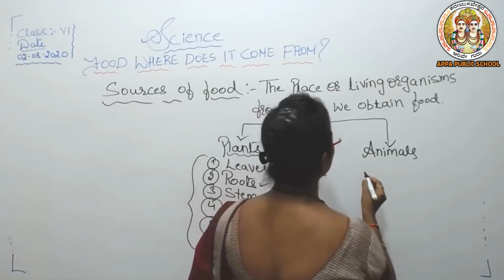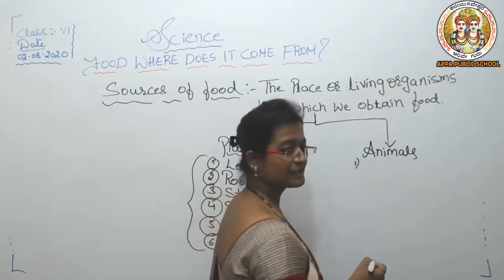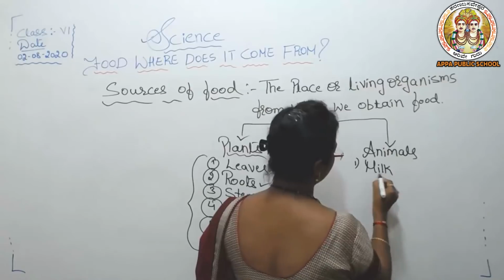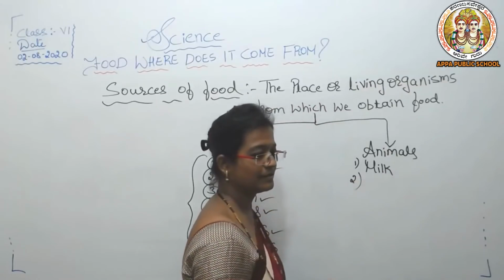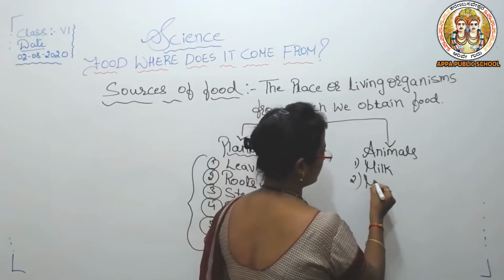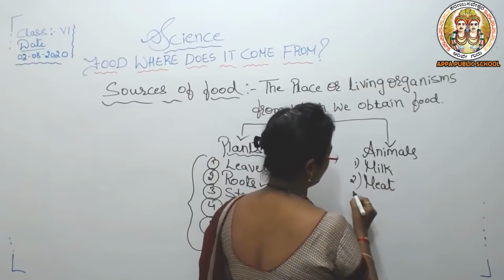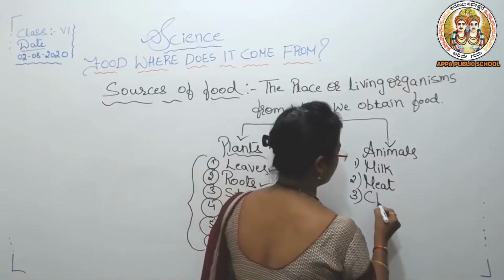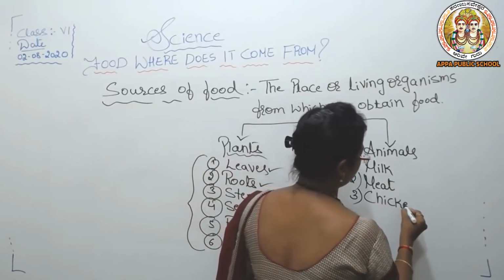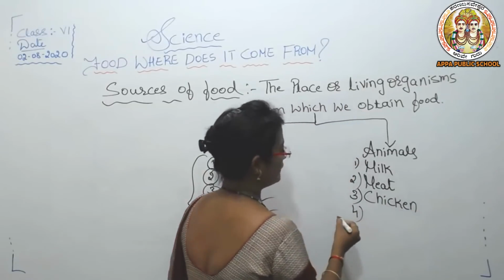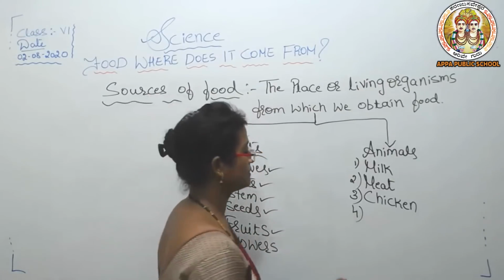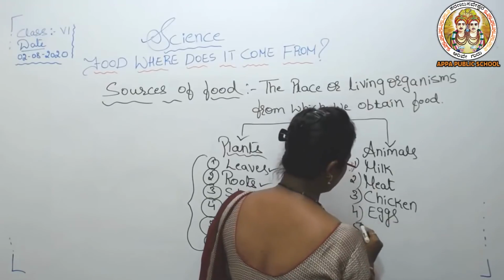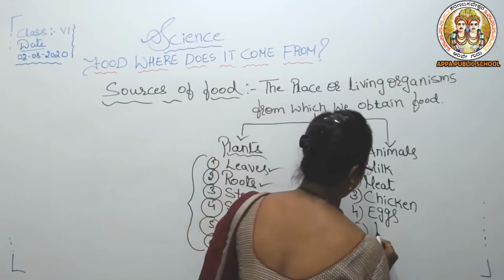And from animals, what do we get? Milk. We get meat, we get chicken, we get eggs, and even we get honey.